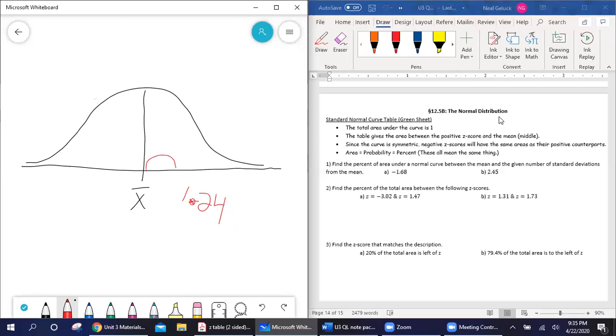So a full standard deviation, and then a quarter of another one. The question is, how much area is that little stretch? That's where we're going to use that sheet, the z-table sheet.